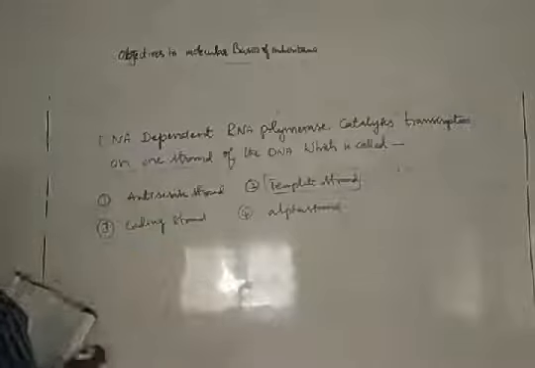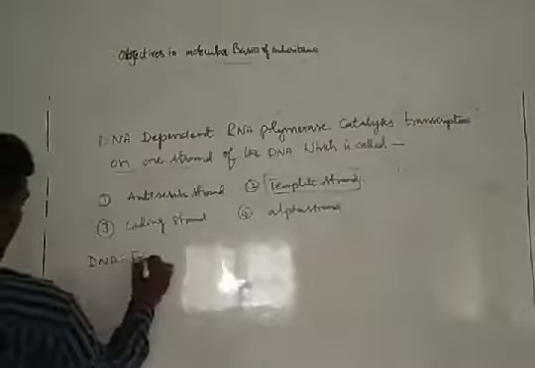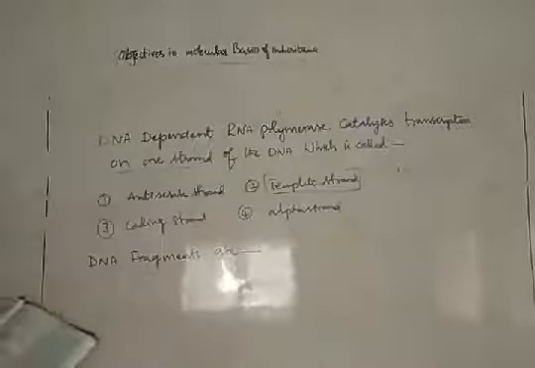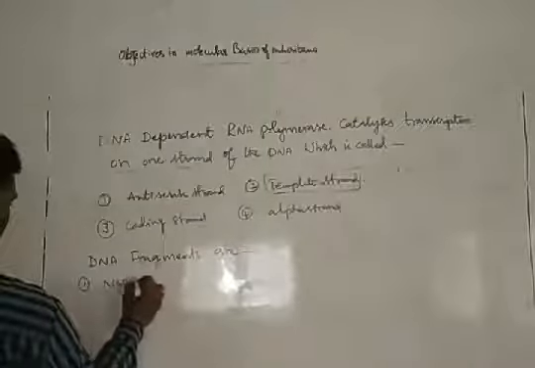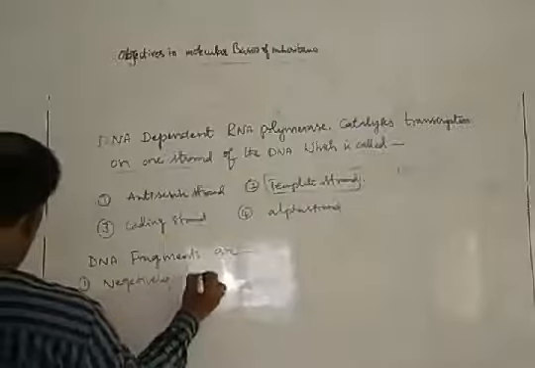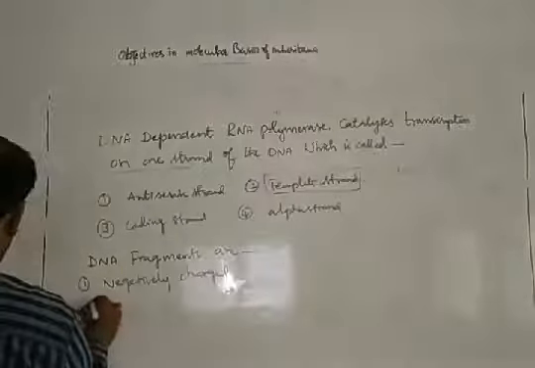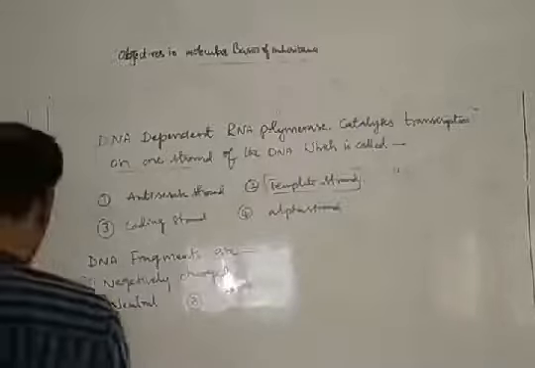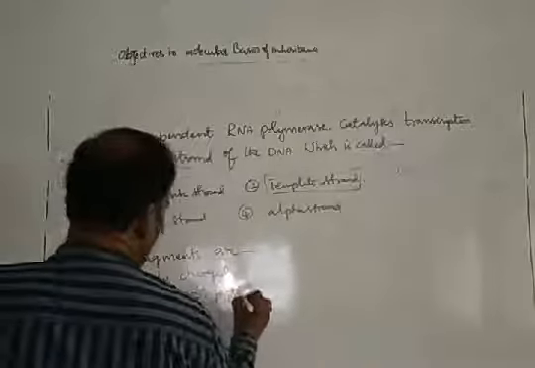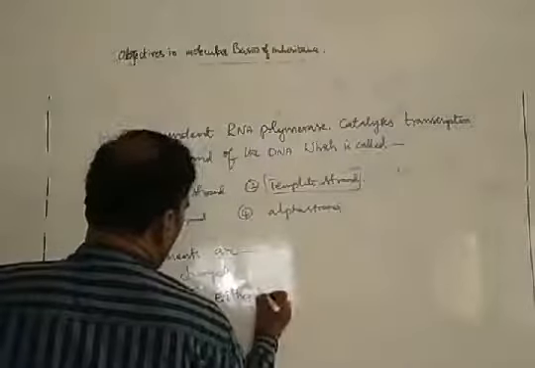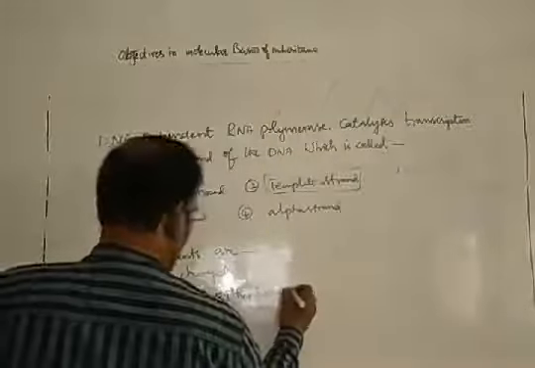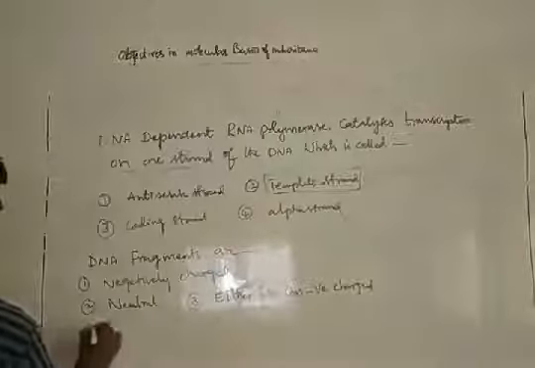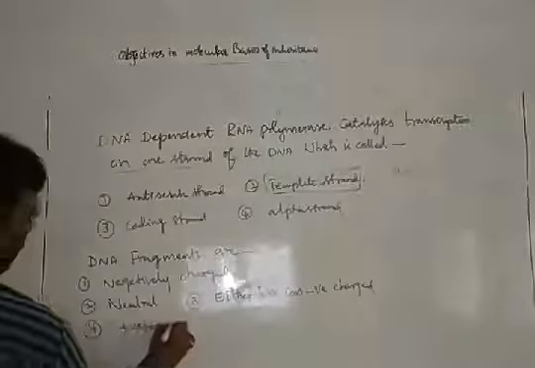Next question. DNA fragments are: first one, negatively charged; second one, neutral; third option, either positively or negatively charged; and fourth option, positively charged.